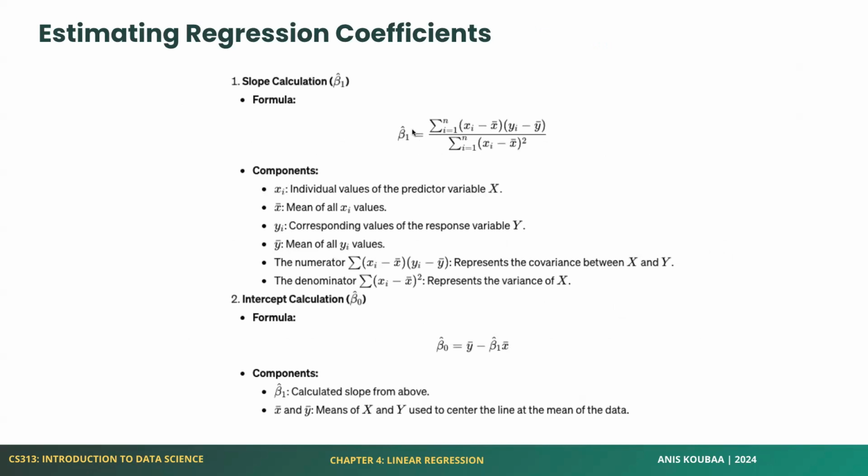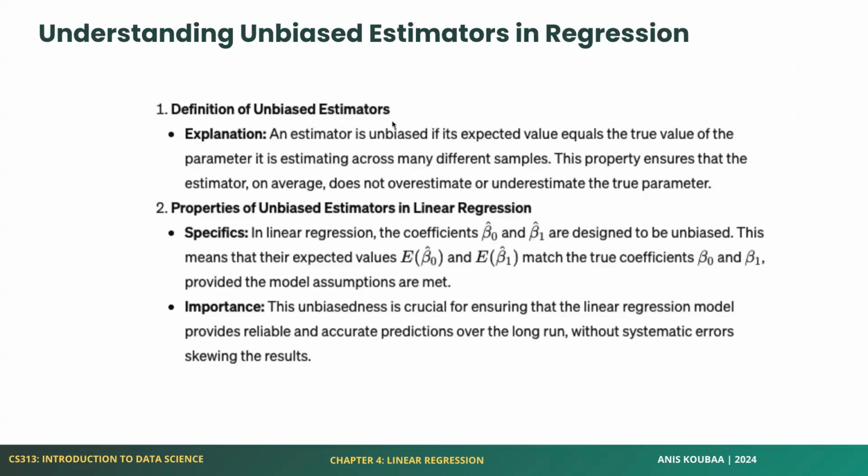Since we are going to make an estimation of beta 0 and beta 1, these estimators must be unbiased. So what is an unbiased estimator? An estimator is unbiased if the expected value equals the true value of the parameter. And what is the expected value? It means if I find beta 1 from one sample, another beta 1 from another sample, and another from another sample, and I average them, when I have collected many values, the average will converge to the true population mean.